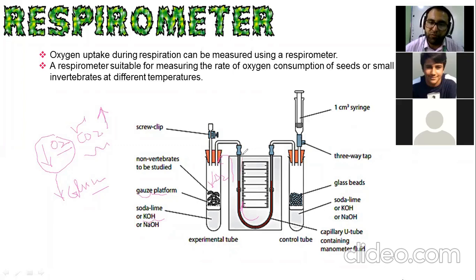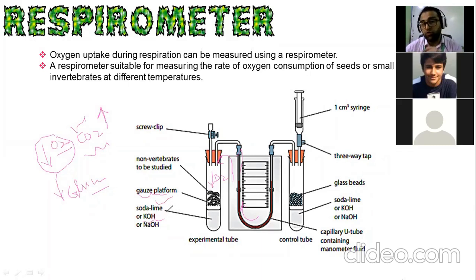If the fluid is moving toward the insect, it means the pressure is decreasing because oxygen consumption is more, in the presence of soda lime, because soda lime absorbs the carbon dioxide.